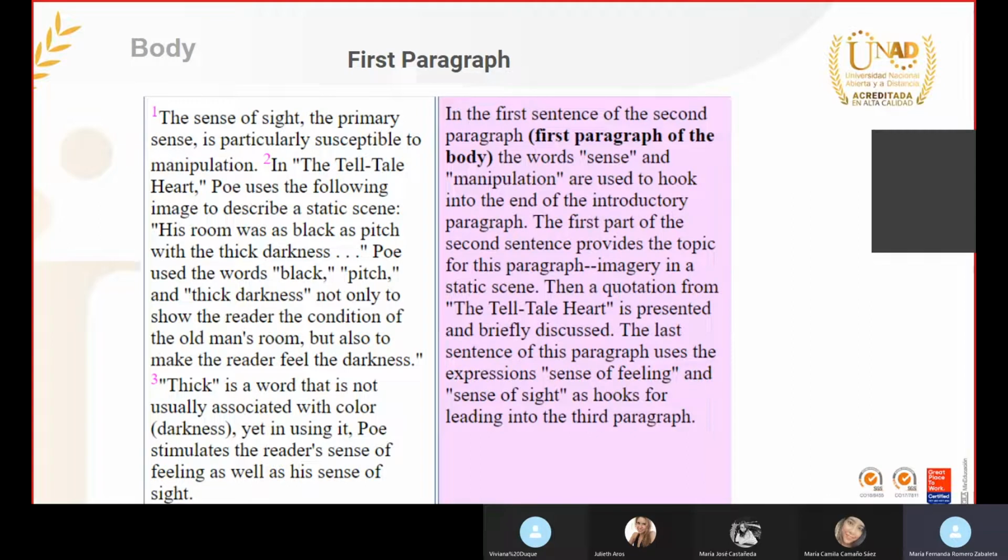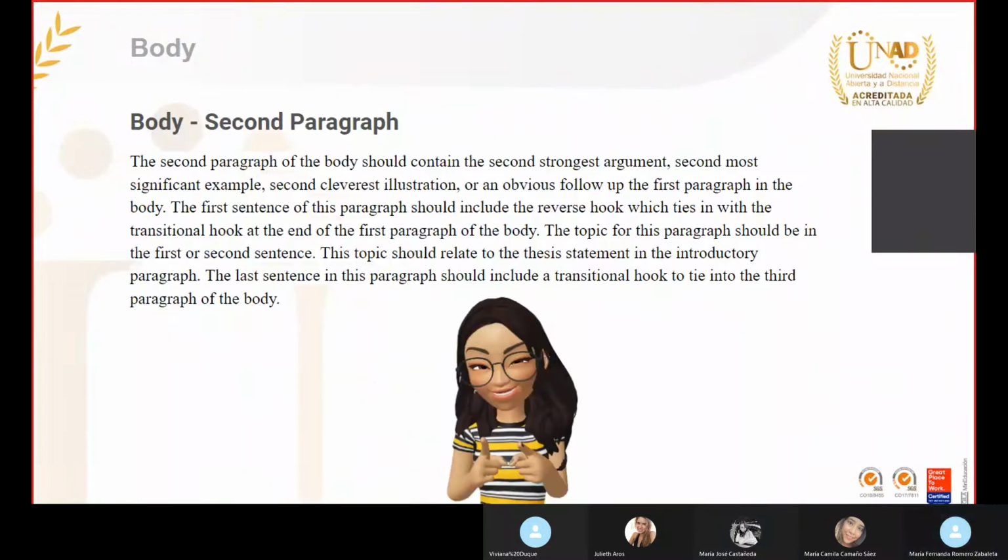Then the last sentence of the paragraph uses the expressions sense of feeling and sense of sight as hooks for leading into the third paragraph. So remember those words, sense of feeling and sense of sight. Was that clear? Could you see the example of how to make the first paragraph of the body? Yes, it's clear. Okay, so let's go.